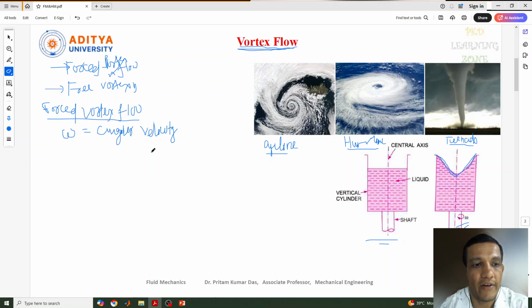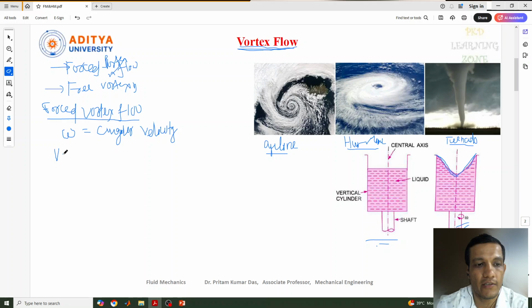The tangential velocity of any fluid particle can be calculated from this. Suppose you want to calculate the velocity of a particular fluid particle.